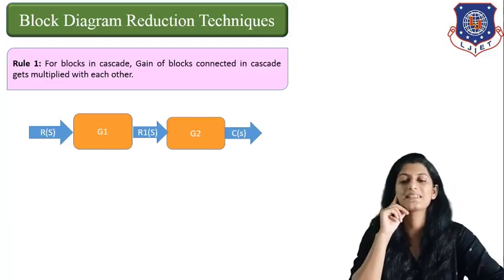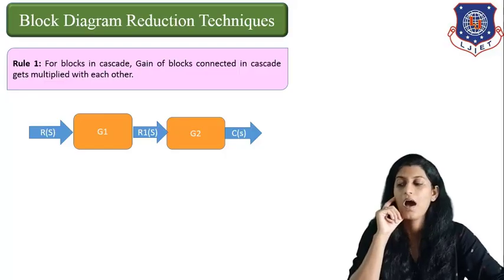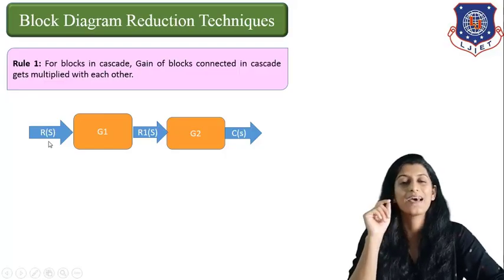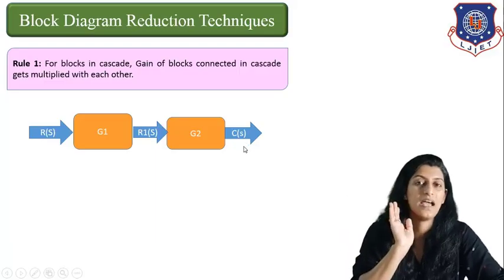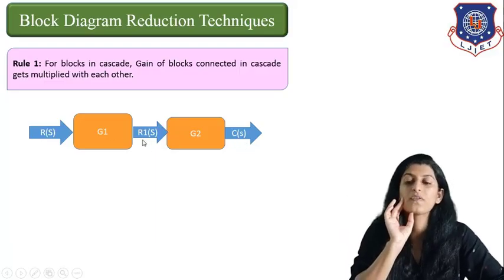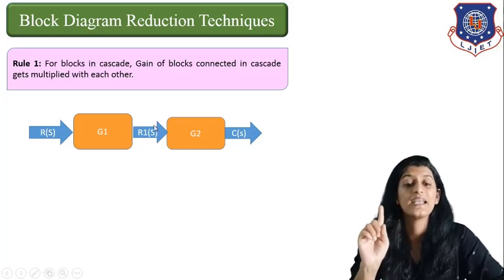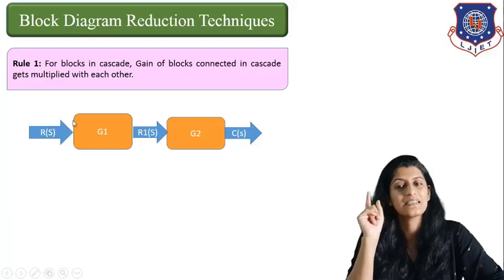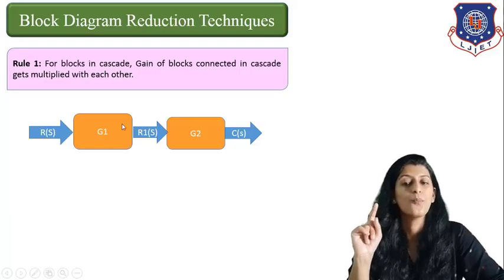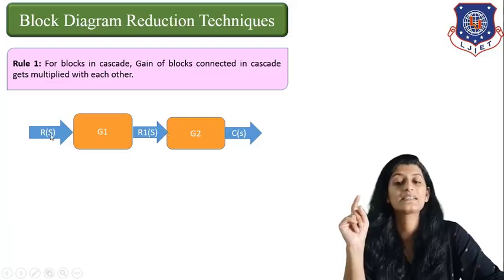So if you can see here, R of S is my input and C of S is my desired output. In between them, R1 of S is intermediate. What I want is C of S, and both the blocks are connected in series.